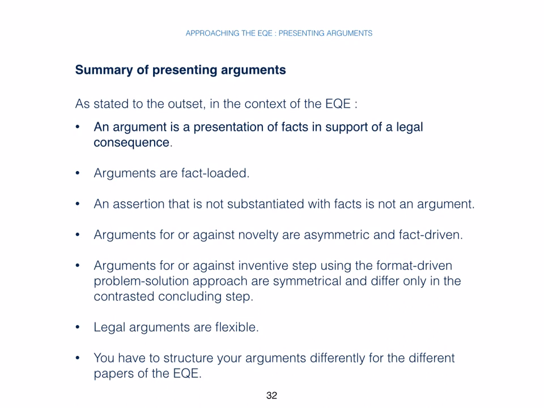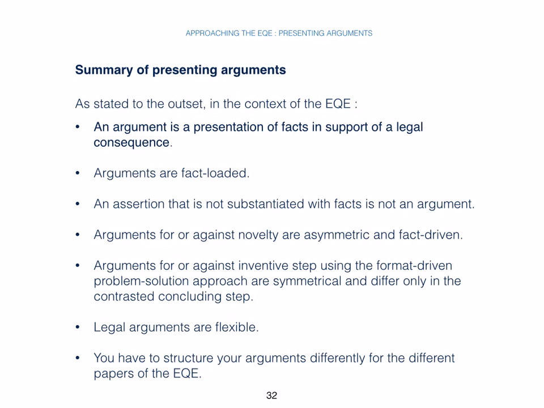We have seen that arguments for or against novelty are asymmetric. To argue for novelty, you just have to show there is one differentiating feature. To argue against novelty, you have to show that all of the features are in the prior art document, and they are fact-driven.